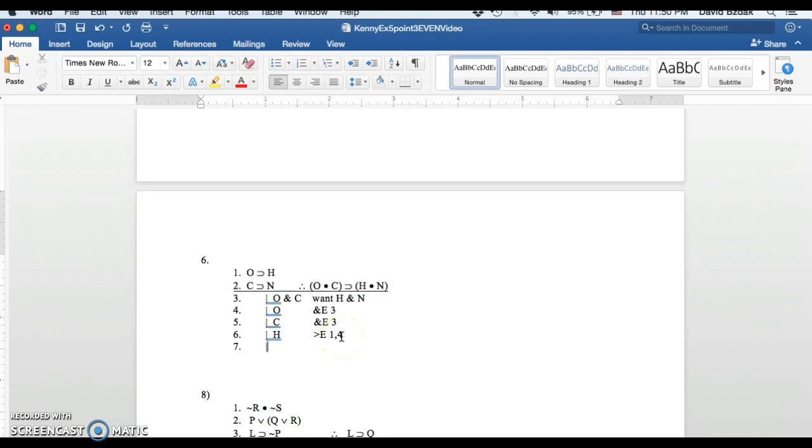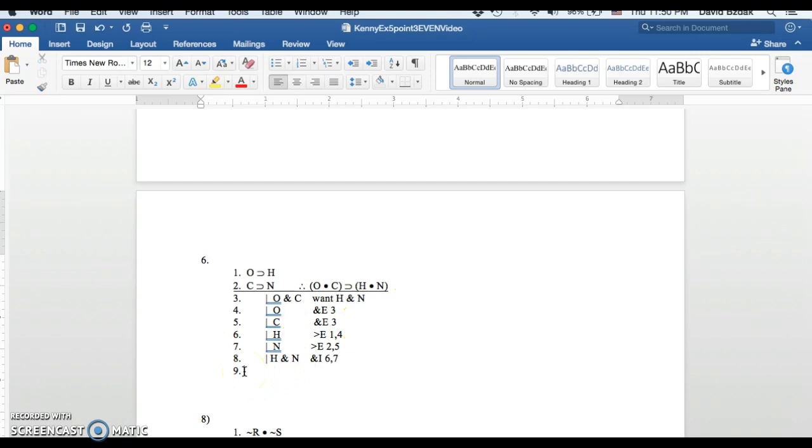Then we can do the other one to get N. Conditional elimination 2-5. And now we put those together, H and N. And that's conjunction introduction of 6 and 7. And we're done with the subderivation because we wanted H and N, and that's what we got.